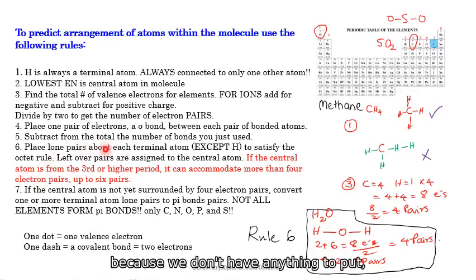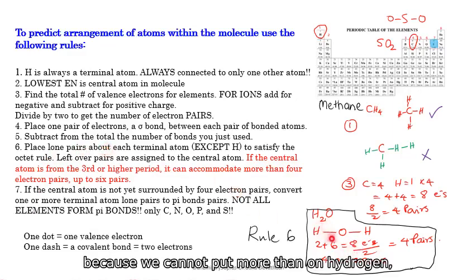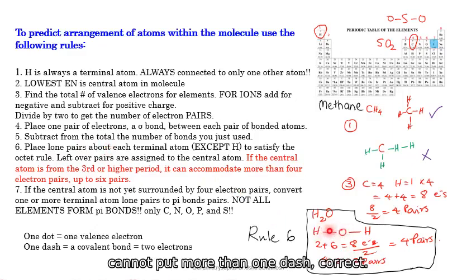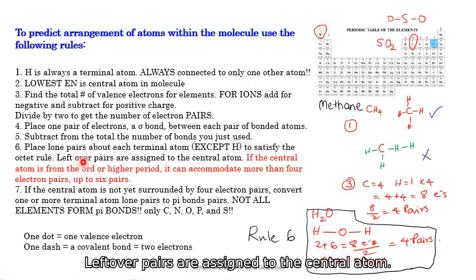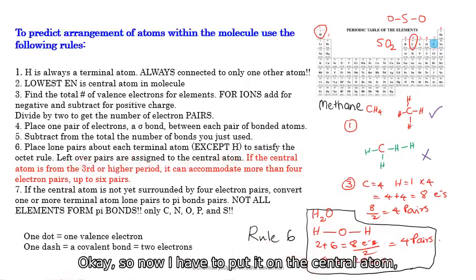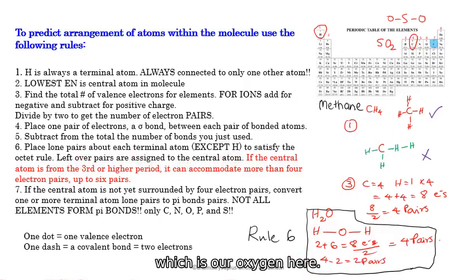We cannot put more around hydrogen, since only one element is connected and we cannot put more than one dash, correct? So place lone pairs about each terminal atom except hydrogen. I cannot put them on hydrogen here. To satisfy the octet rule, that means 8 electrons around each element except hydrogen, leftover pairs are assigned to the central atom.